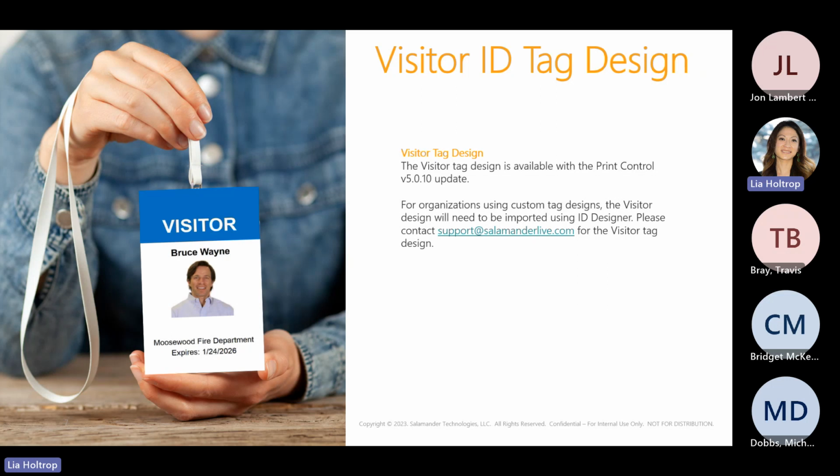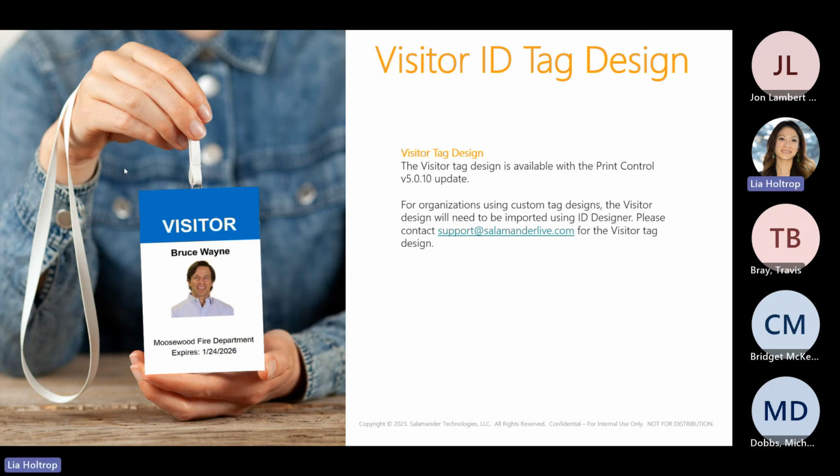Okay, so because of that, you'll need to contact us at support@salamanderlive.com, and we can send you the visitor tag design. And then you can just add that to your design folders in your C drive. Okay. So if you need any assistance with that, just give us a call or email us, and one of our techs will walk you through that process.